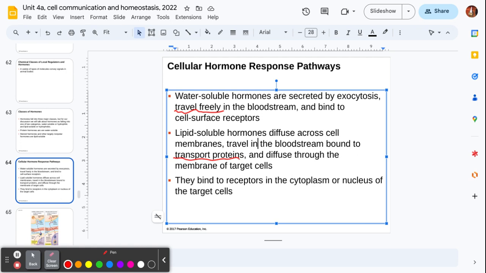So you can get through the cell membrane without any helpers, without any cell receptors. They can diffuse through the membrane to the target cells on their own. And that's the huge difference between the protein hydrophilic molecules and the lipid hydrophobic molecules.